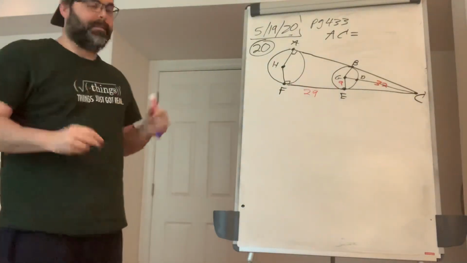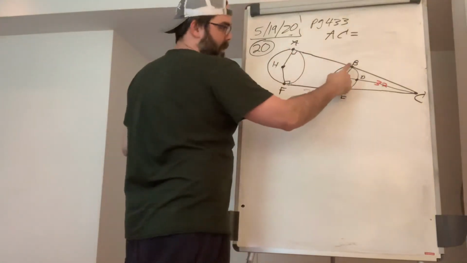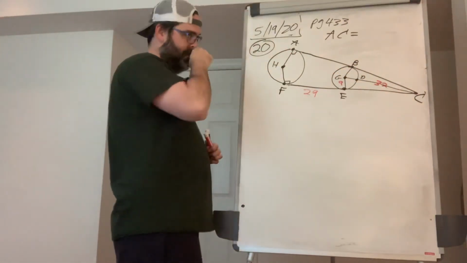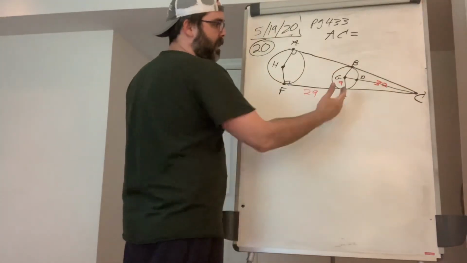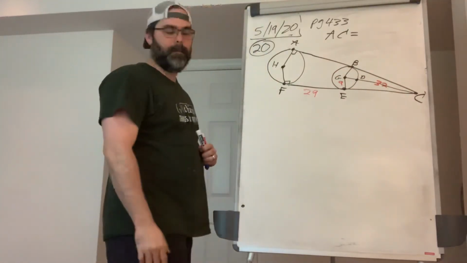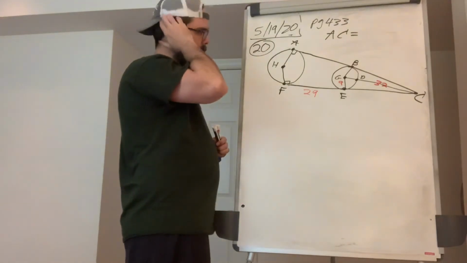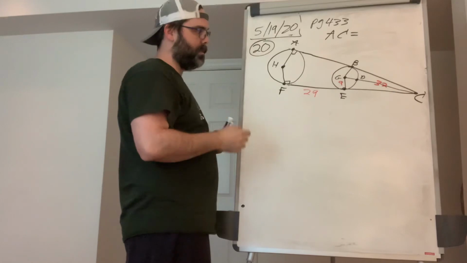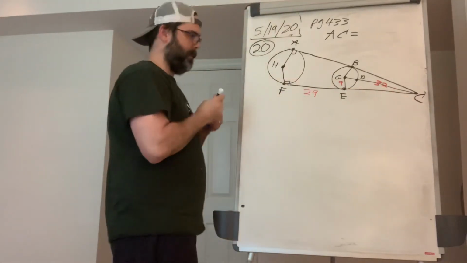All right, so to find AC, we need to know the length of AB and then add it to the length of BC. To find BC, we need to know the length of EC, right? So let's do that. We need to find the length of EC.